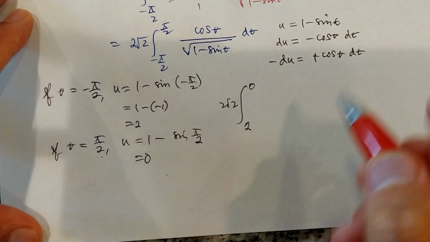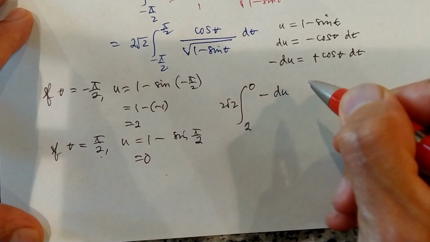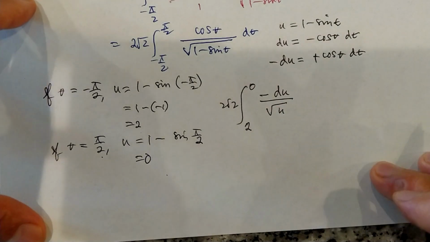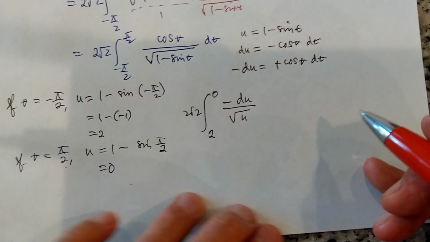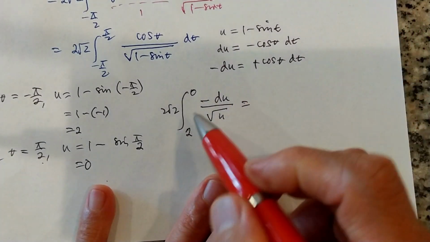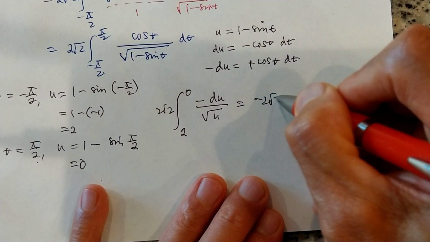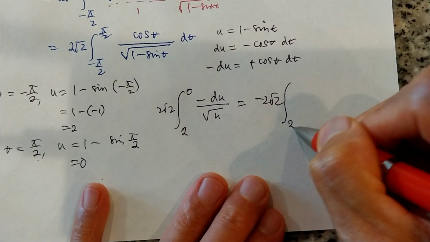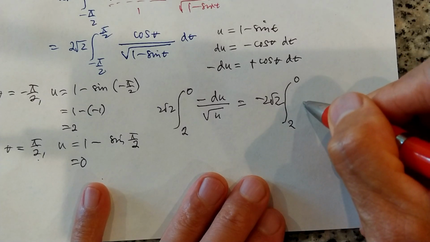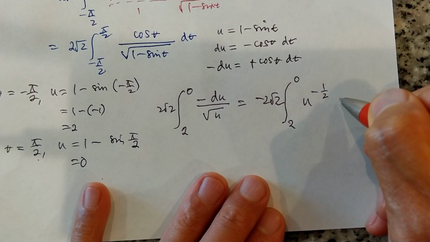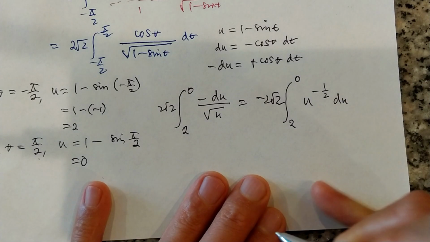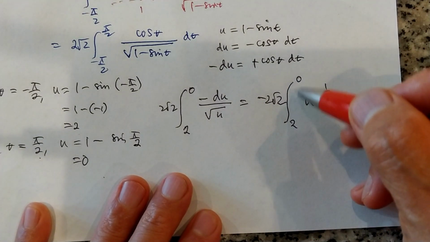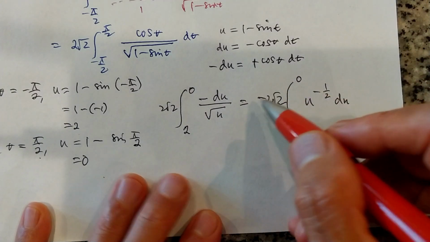Now this becomes negative du over the square root of u. So let's pull out that negative sign. This becomes the integral from 2 to 0, and we can write this as u to the negative 1/2 du. Now, there is a property of definite integrals where you can interchange the limits and make this positive.